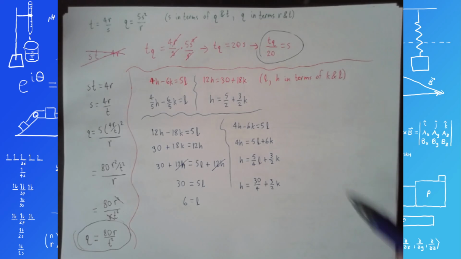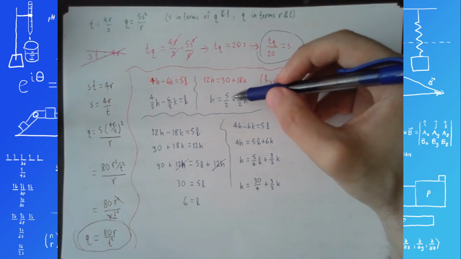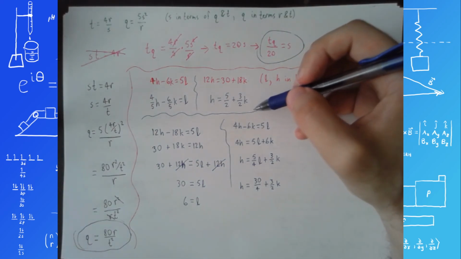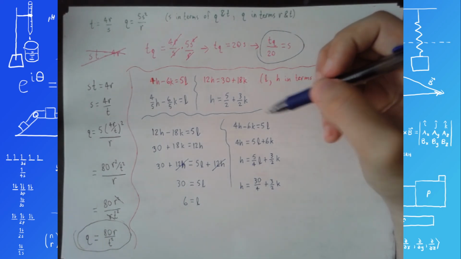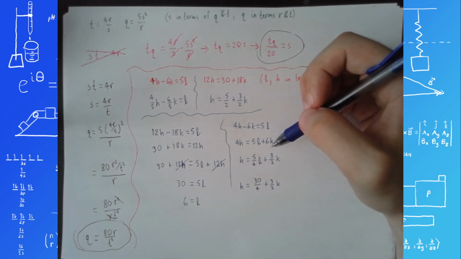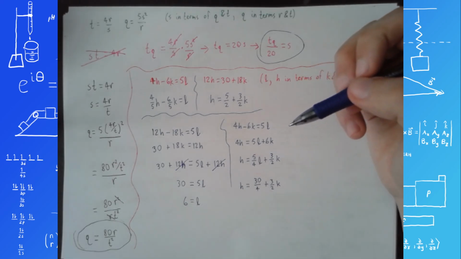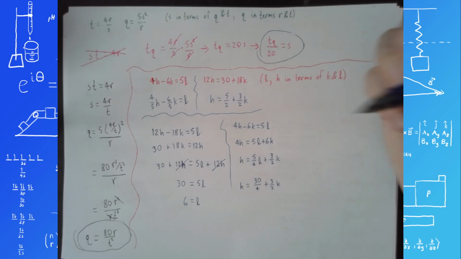And that doesn't agree with this. h is equal to 5 halves plus 3 halves k. That would imply that 5 halves equals 30/4, which is definitely not true. Okay, I think what I really need to do is just strike this problem out from the list.